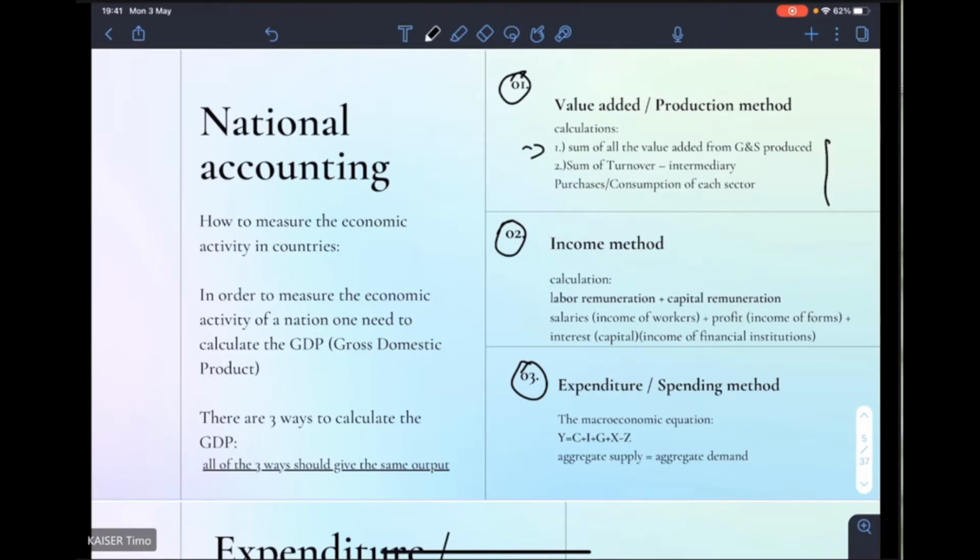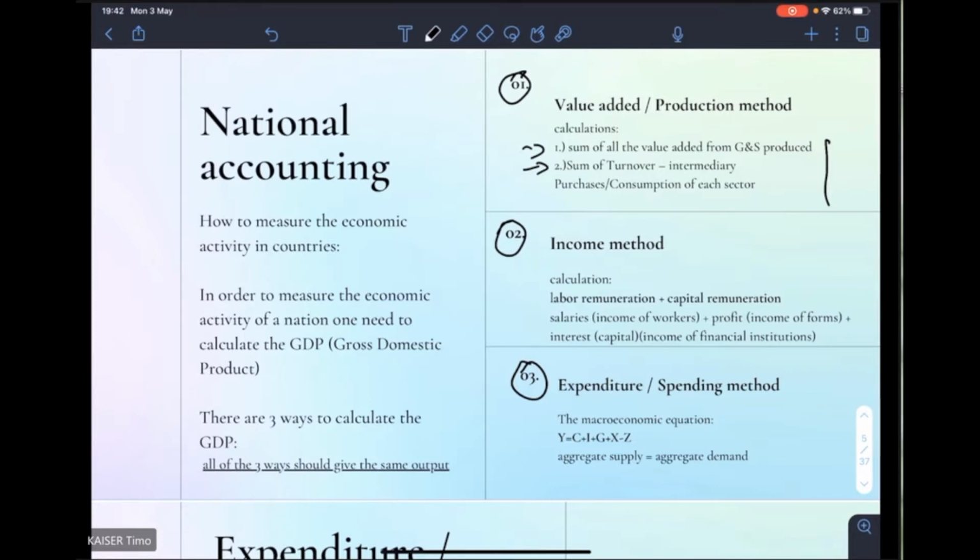Second method: you can sum up the turnover and subtract all the intermediary purchases and consumption of each sector in order to get the value added. So turnover minus intermediary consumption, or purchases, is equal to the value added. Okay, so that would be the first method.